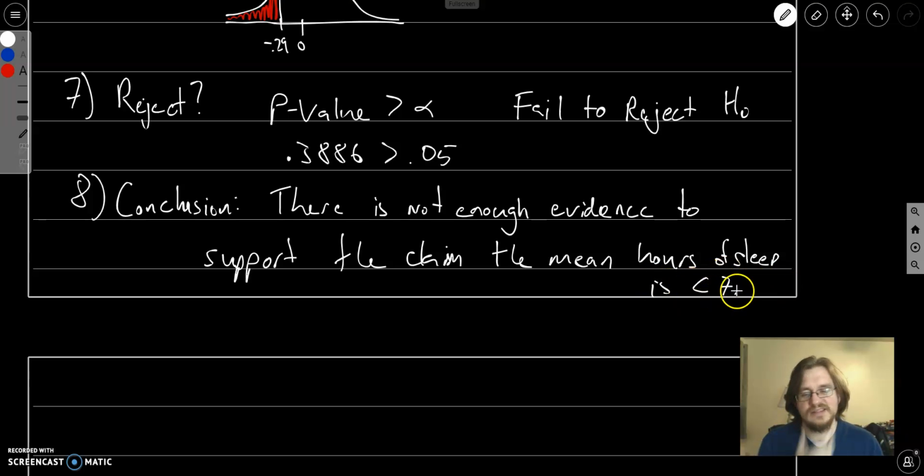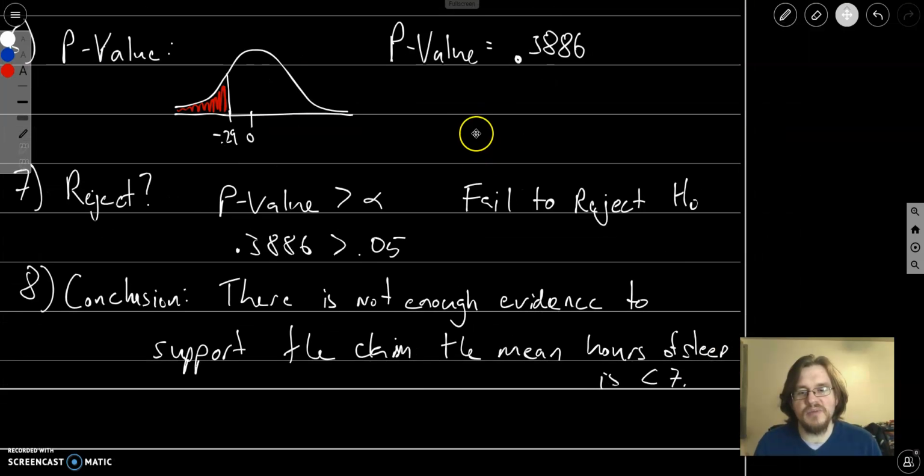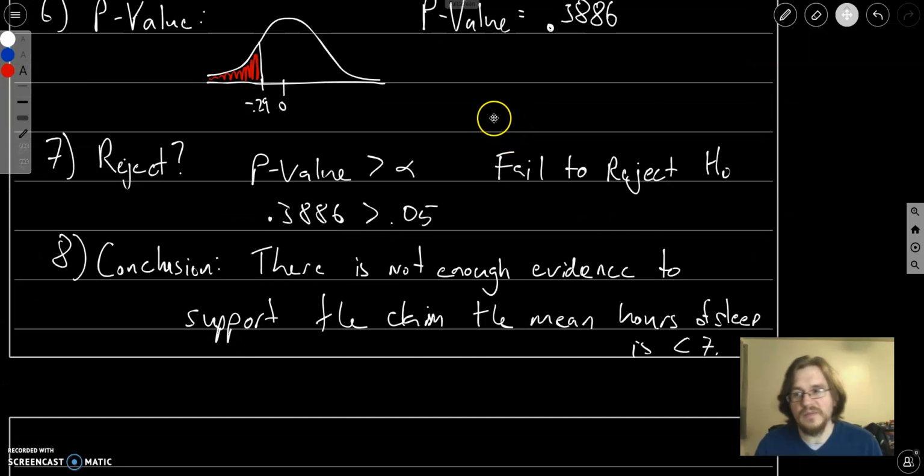So we can't quite say, there's just not enough evidence to say that the mean hours of sleep is less than 7. It was for our sample, but maybe our sample was too small.